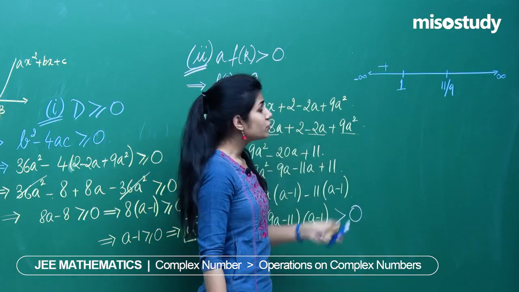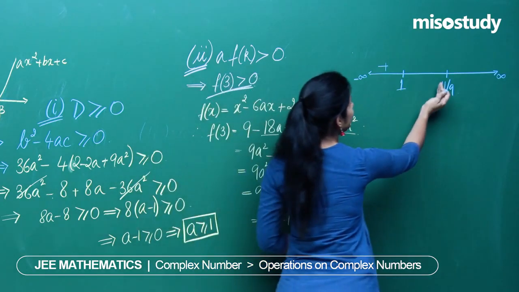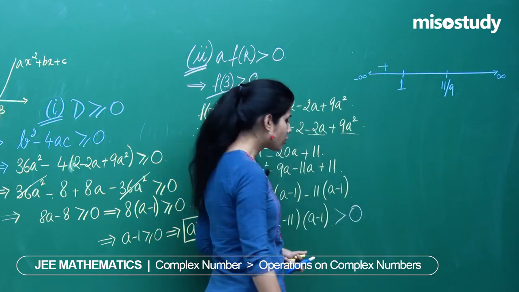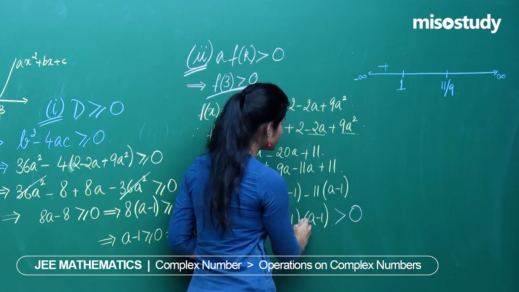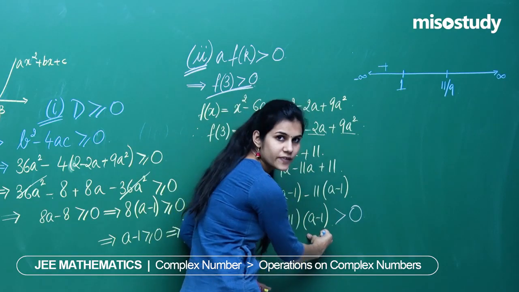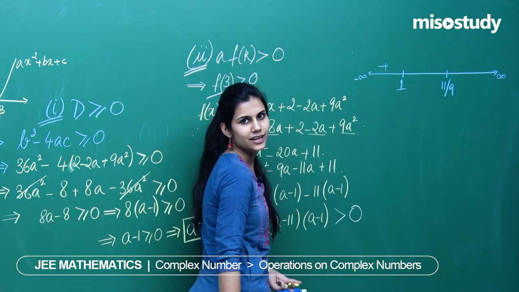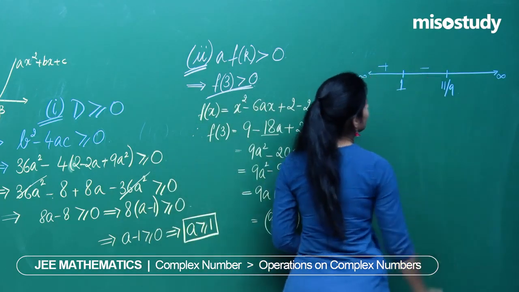If you plug in values which are greater than 1 but less than 11 by 9 over here, if a belongs to such a range, plugging in a value greater than 1 is going to make this factor deliver a positive answer, but this is still going to deliver a negative answer. So, positive into negative is negative.